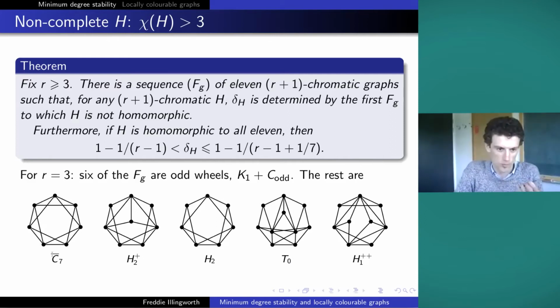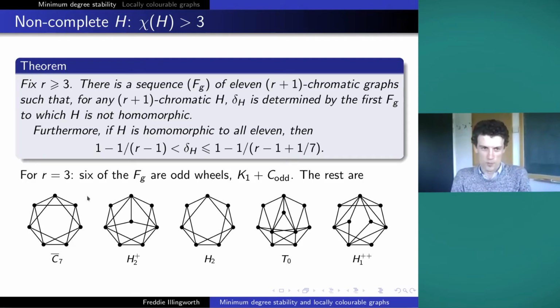For example, in the complement of the 7-cycle, each vertex's neighborhood is a path of length 3, so it's bipartite. And so if we want to understand minimum degree stability, we've essentially got a new problem, which is we need to understand graphs where every neighborhood is bipartite and have large minimum degree. That's our new game. And now we can see where the locally colourable idea comes in.